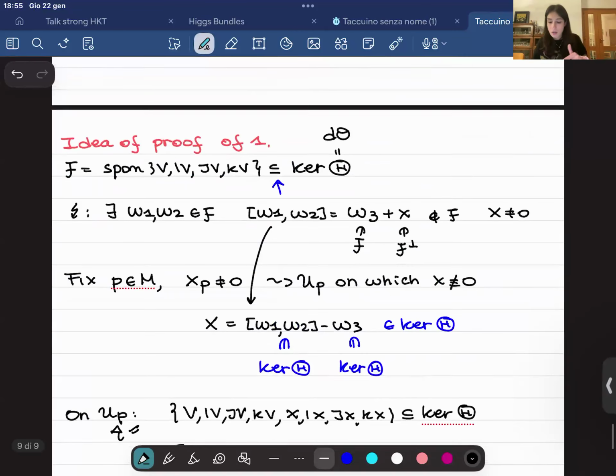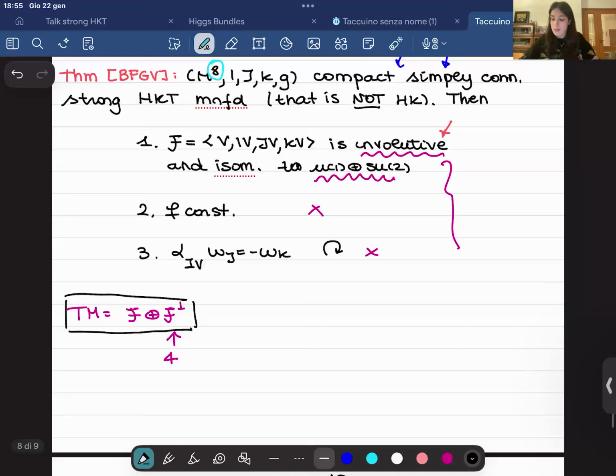And so since I am not in the hyperkähler case, I just proved that my distribution is involutive. This is the idea of the first point.